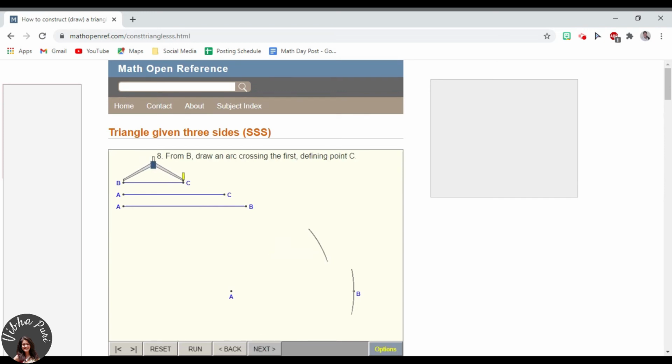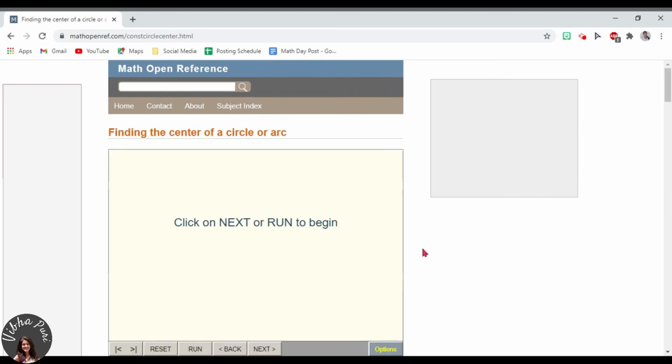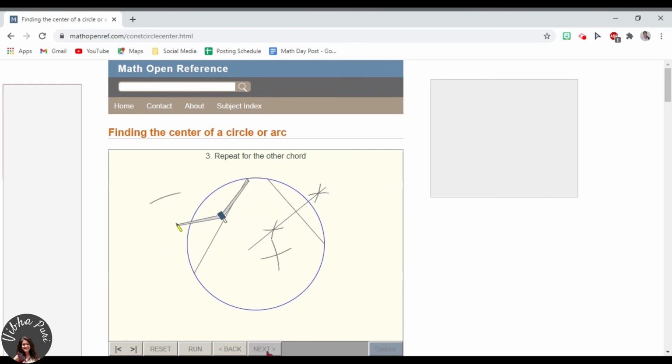Step-by-step procedures of construction of lines, angles, triangles, and many other polygons are shown in a very easy and comprehensive manner. You must check it out to save some of your precious time.